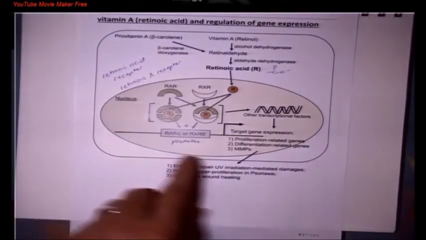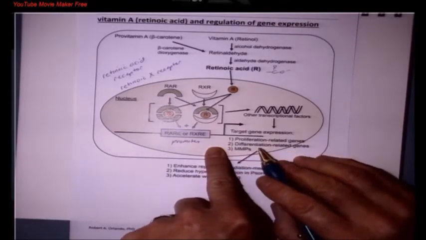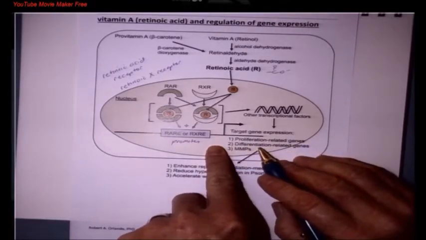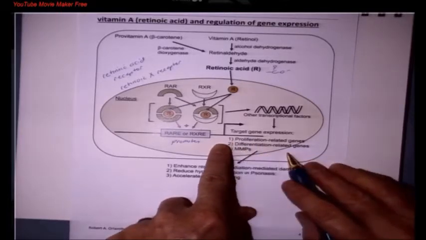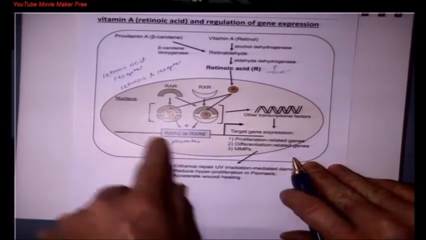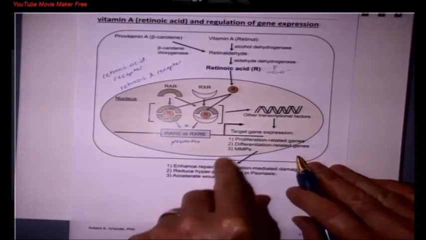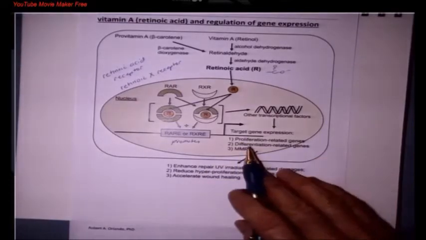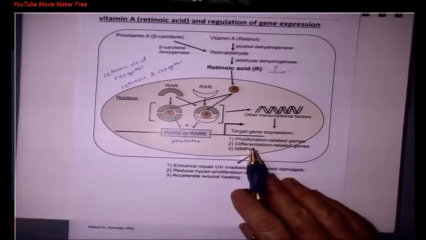And this is going to be generating RNA and protein from very specific genes: proliferation-related genes, differentiation genes. So you can imagine, is retinoic acid important in development? Big time. Big time in development, because you're generating all of those proteins that are directing differentiation for certain tissues.